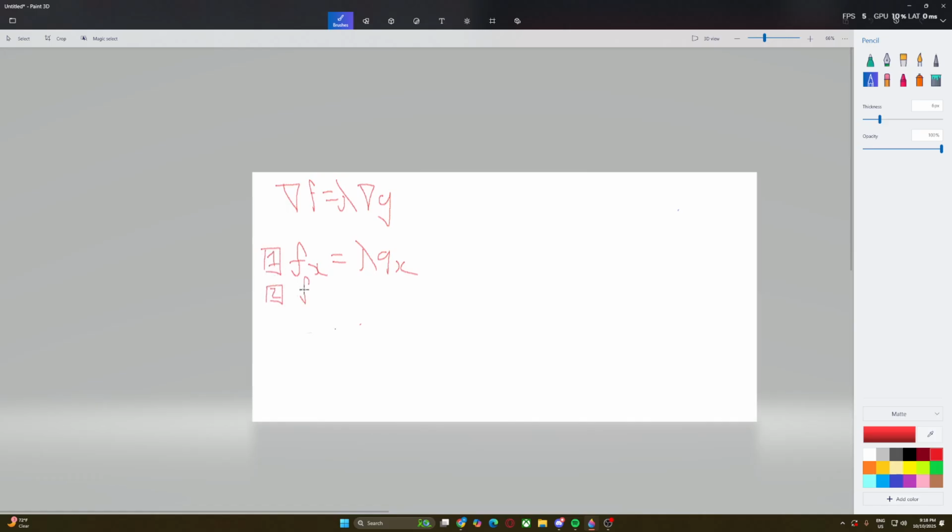Equation 2 is fy equals lambda gy, and so on. And then at the last equation n, we'd just write the function of g, and g has to equal some constant.